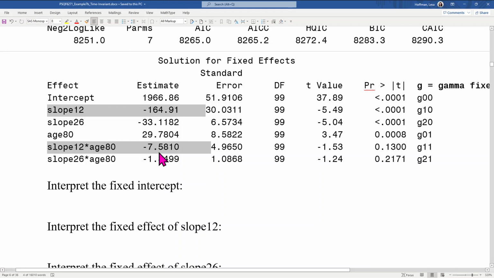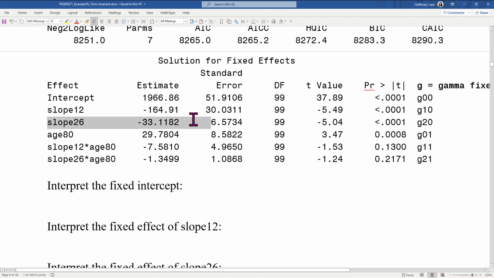So this is a more negative, meaning that the effect of the slope is stronger in older people. So older people change more than younger people. Again, not significantly, but I don't care about that. I want you to know what the coefficients mean, regardless of their significance.